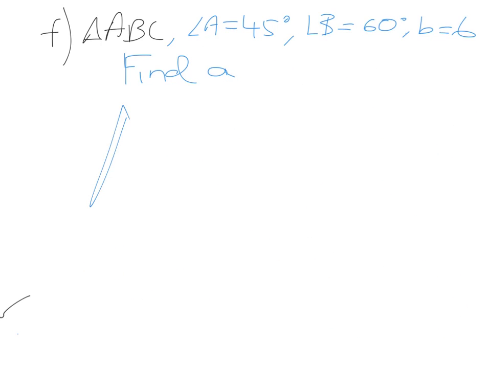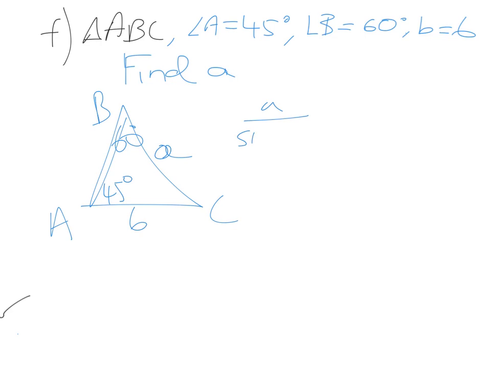Okay, triangle A, B and C. A is 45 degrees, B is 60 degrees, and b, which is opposite the big B, is 6. Find a. Okay, so we use the sine rule. a over sine 45 equals 6 over sine 60.